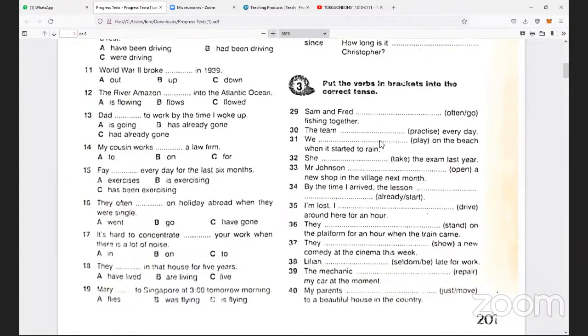Yes, is repairing. My parents just moved to a beautiful house in the country. Okay, perfect. Very good.